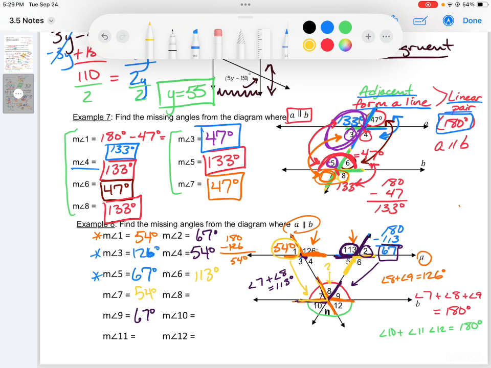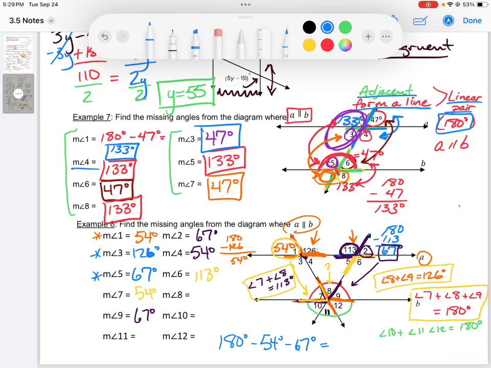And then angle 8 right here in the middle is the one we don't know, but we know a lot about it. We said that when it's combined with 9, it should equal 126. When it's combined with 7, it should equal 113. And when you add all three of them together, it should equal 180. So let's go with that 180. 180 degrees minus angle 7, which is 54, and minus angle 9, which is 67 degrees.